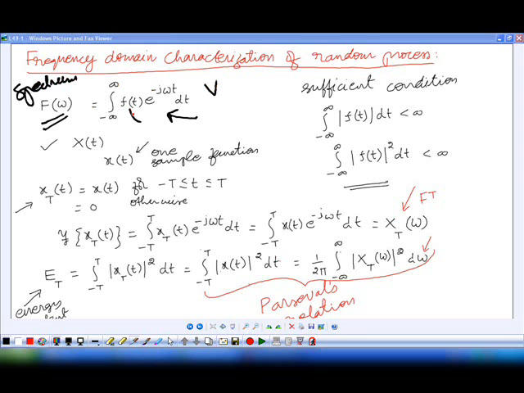If you let this f of t be a voltage function, the units are volts per Hz or volt per radian per second. So that is the unit of this.